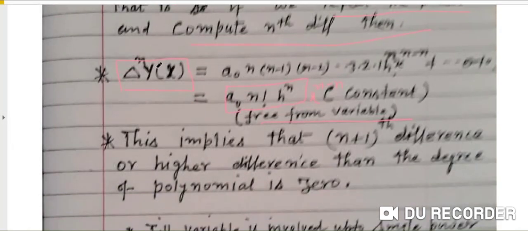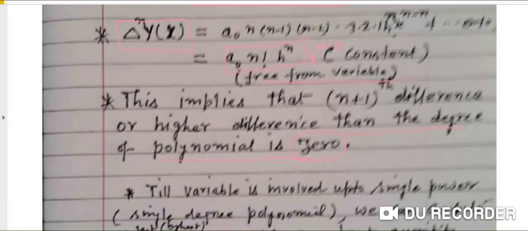Means if you go for a higher order than the degree of the polynomial, then you will get this difference value as 0. That is, n plus 1, n plus 2, n plus 3, more than n, you will get the value 0.